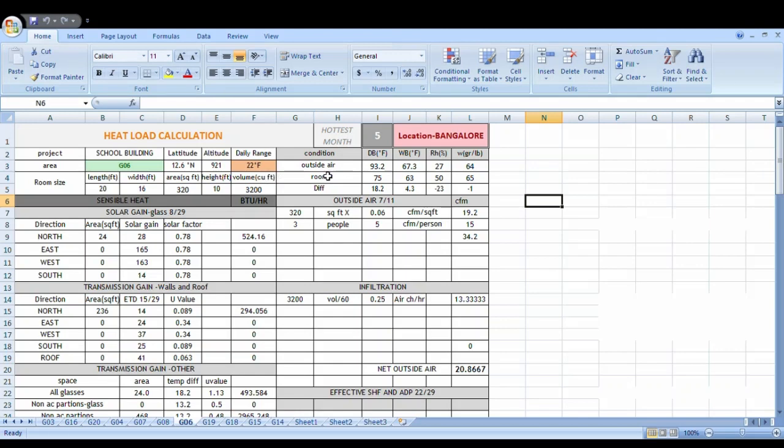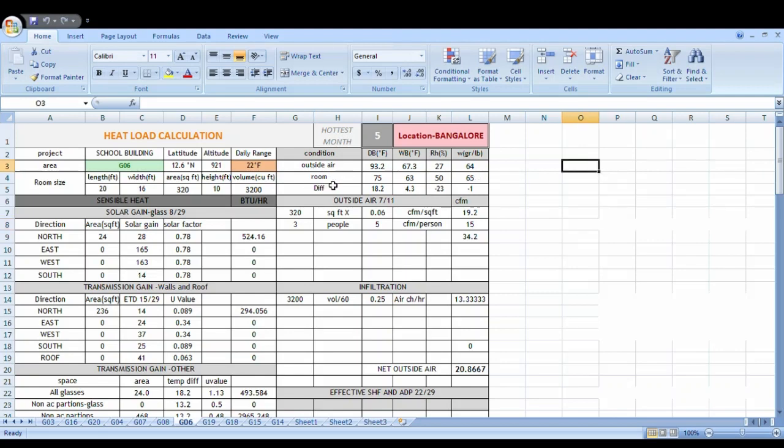Here outside air from design data book it is 93.2 dry bulb temperature and wet bulb is 67.3. With the help of dry bulb and wet bulb, using psychrometric chart or psychrometric calculator, we will get the value 27% as relative humidity and 64 as humidity ratio.